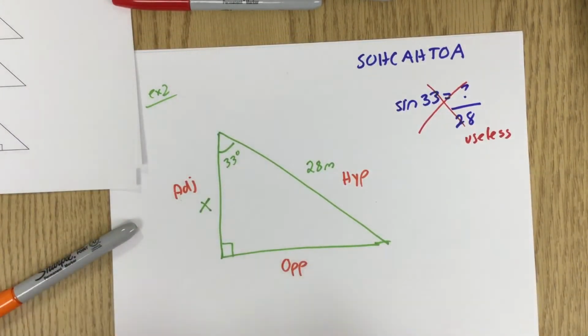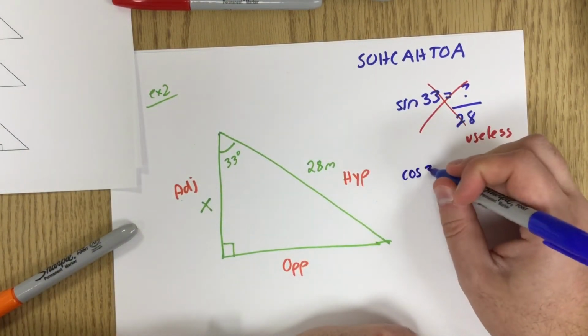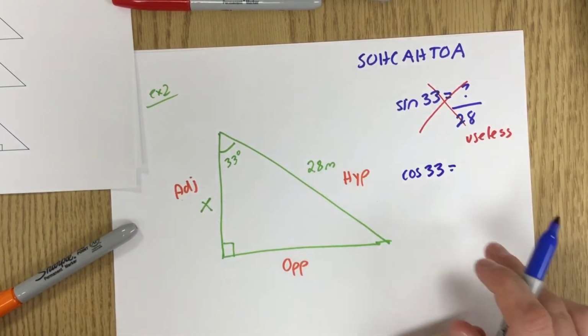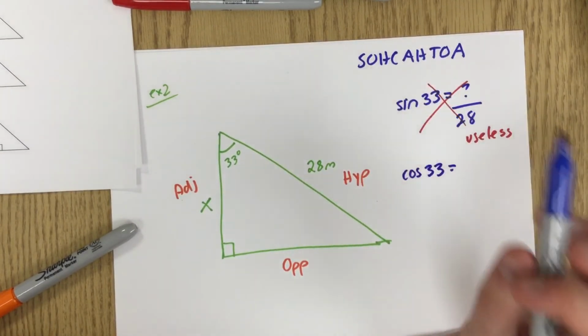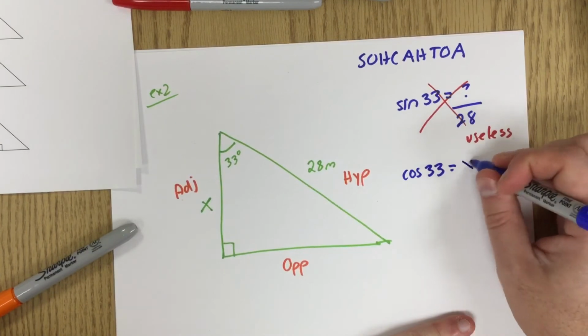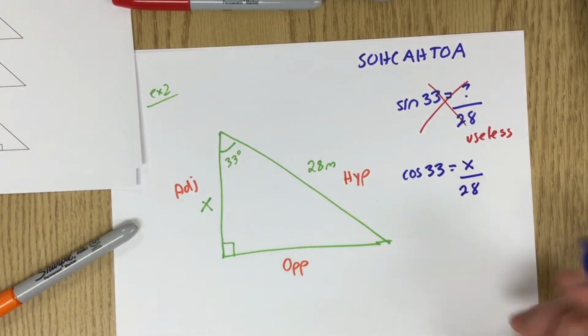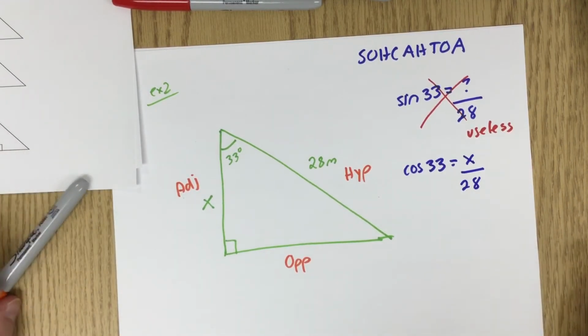Let's try the cosine ratio instead. The cosine of 33 is adjacent over hypotenuse, which is going to be x over 28. Okay, that's looking a bit better. This is the one we're going to use.